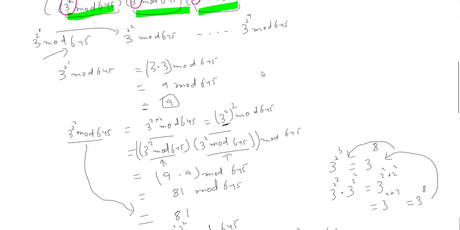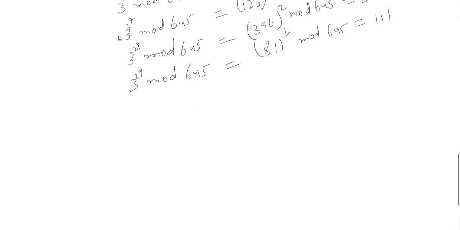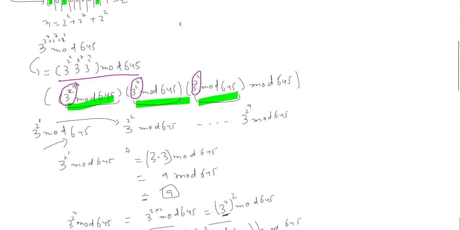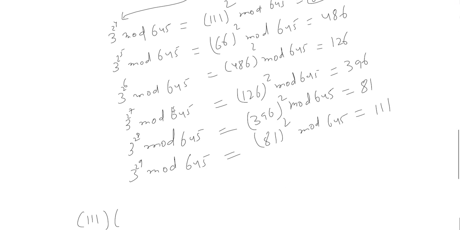Then let's check. 3 raised power 2 raised power 9 is 111. So this will be equal to 111 times, the second one was 3 raised power 2 raised power 7 mod 645. It's 396.